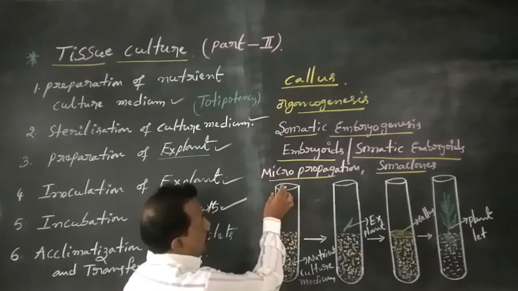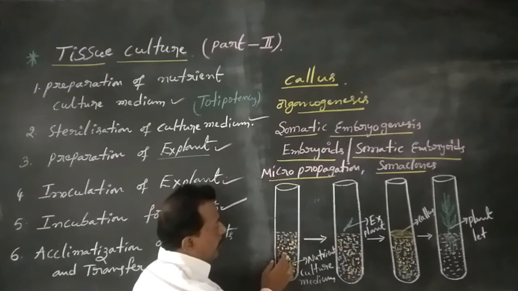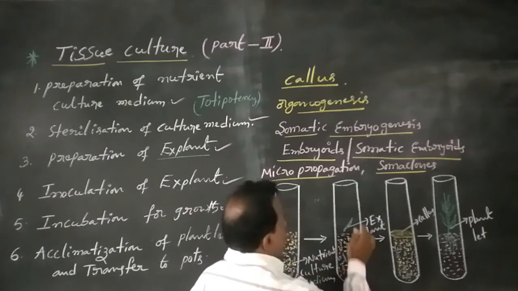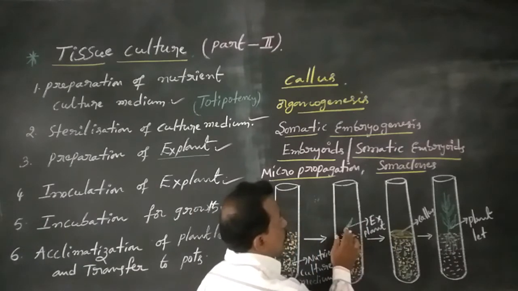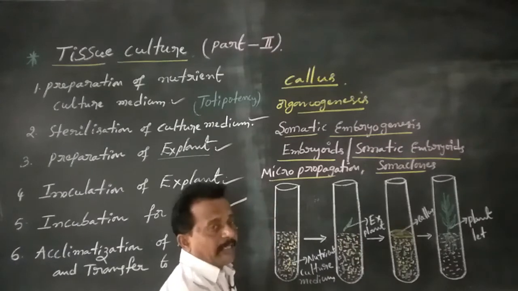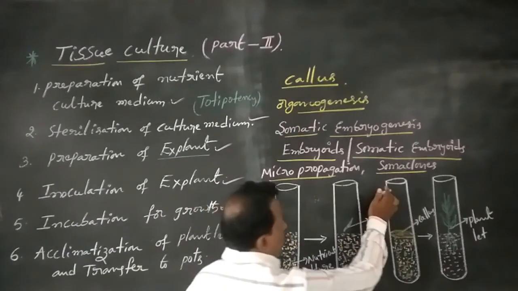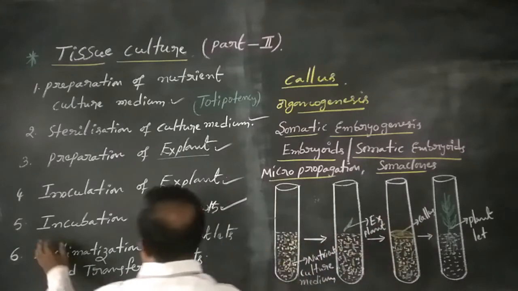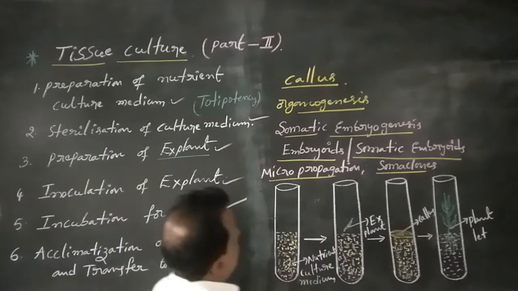Already we have the test tube containing nutrient culture medium and also the explant. That is the 5th step, incubation for growth.